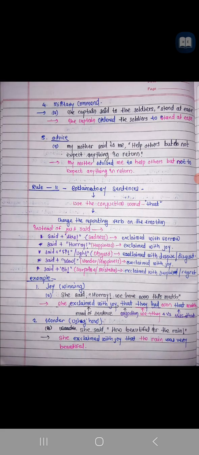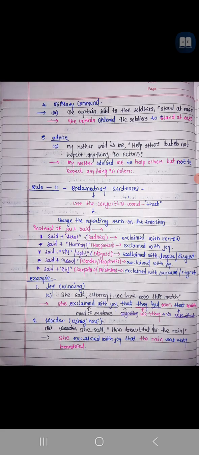Why "not to" here? Because there is "do not" in the direct sentence. So I changed "do not" and converted it into "not to", because "do" is removed from the direct sense. The direct sentence has "do not": my mother advised me, do not expect. So I changed the sentence sense, meaning I removed "do not" and used "not to".